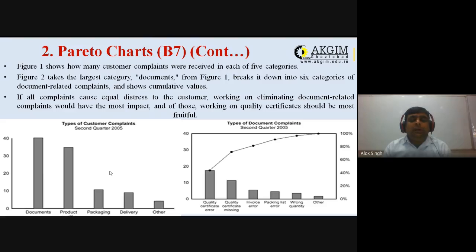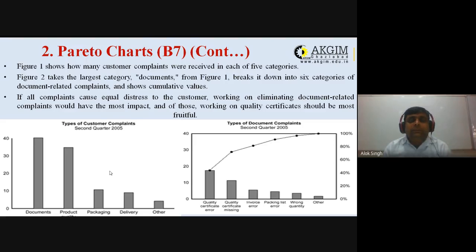In the bar graph, the frequency of document related complaints is much higher than the other ones. So from figure 1, break it down into the 6 categories of document related complaints. What are the various document related complaints? Quality certificate error, quality certificate missing, invoice error, packing list error, wrong quantity, and other.